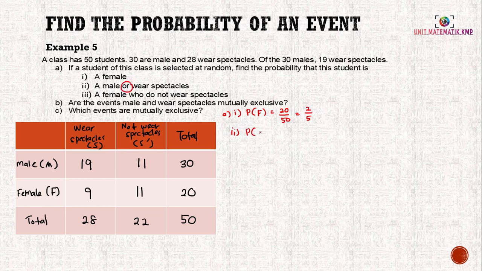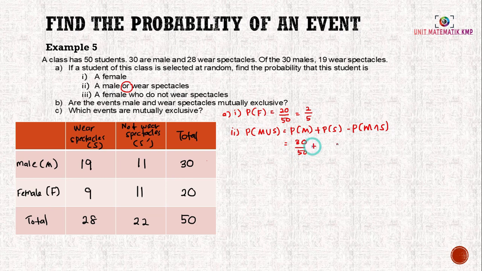Okay, yang kedua, the probability of male or wear spectacles. So probability of M or, is union, S is spectacles. So we use the addition probability rule. So P(M) plus P(S) minus P(M intercept S). So P(M) is probability of M is 30 over 50.